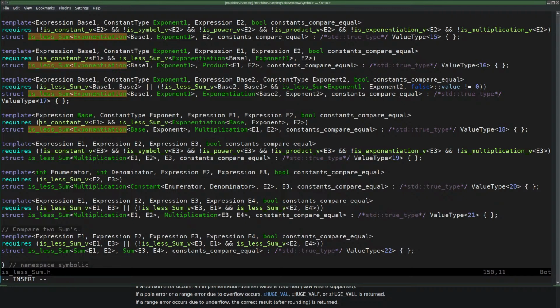So this should be is not a constant. Or it is a constant and the exponentiation is less than E2. Yeah, less than E2 if it is a constant.